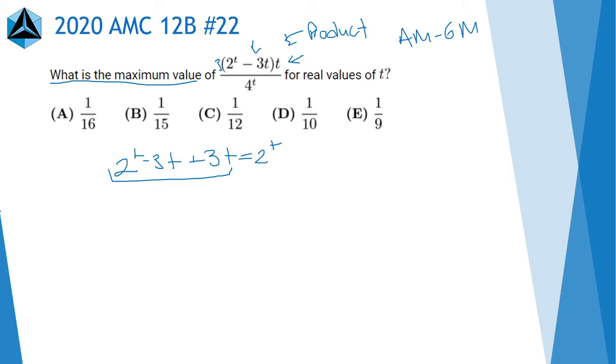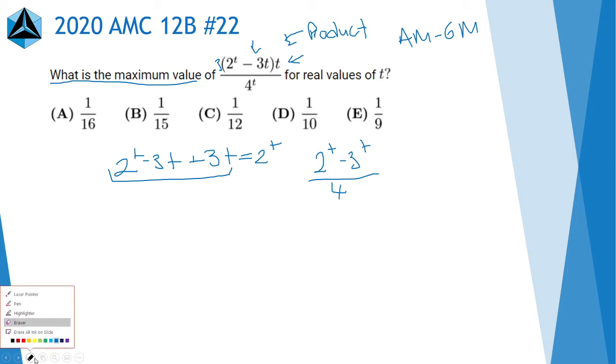Let's try AMGM. So as I said before, I'm going to apply AMGM, first of all, on 2 to the t minus 3t over 4 to the t. Not 4t, it's 4 to the t. There we go.